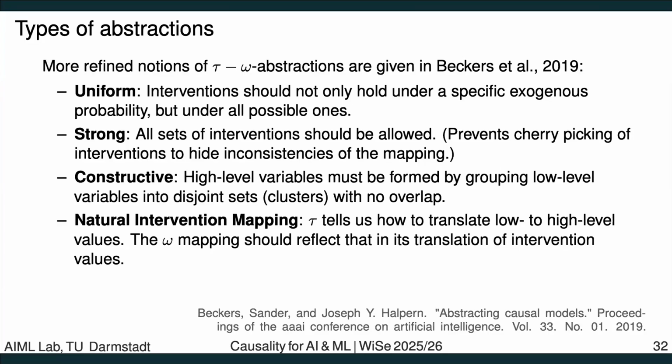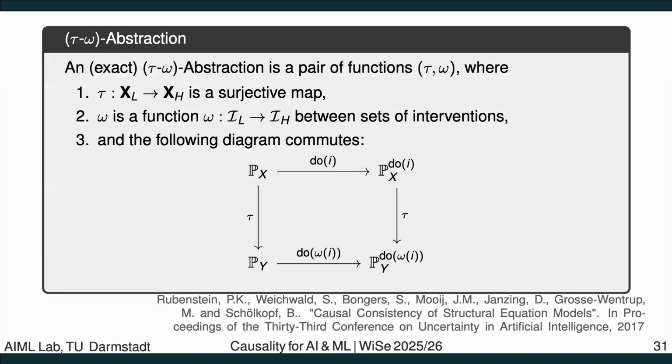And finally, we have this natural intervention mapping. And this basically is what we somehow talked about before. If you look at this omega function, we already have our tau abstraction, and it tells you how causal variables or values of these variables should be mapped from the low to the high level.